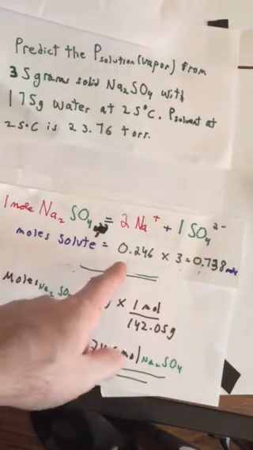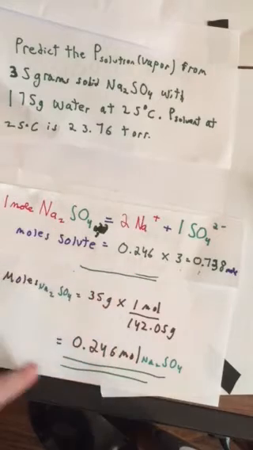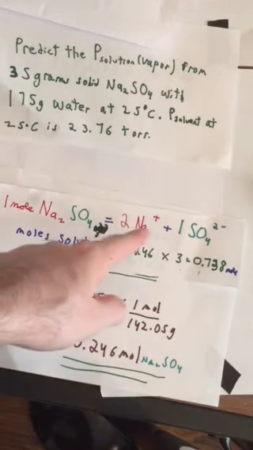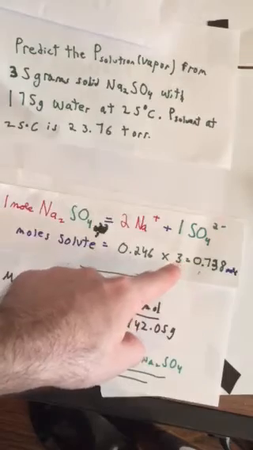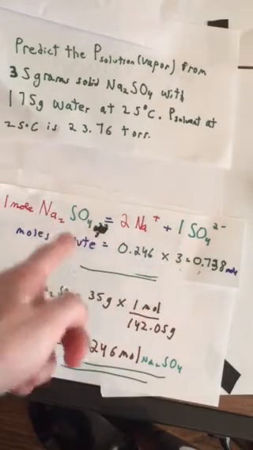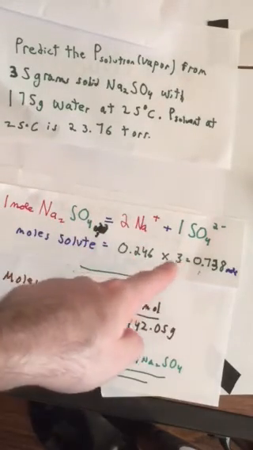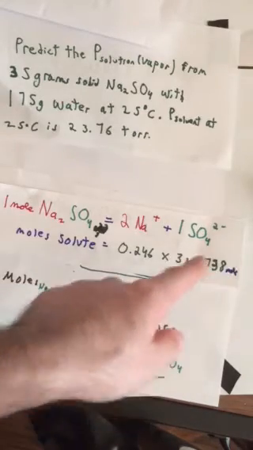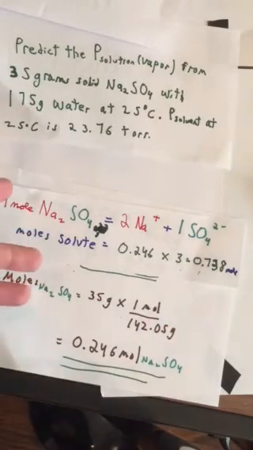All right, let's keep going. So this is what we found, 0.246, but you have 3 ions, 1 and 2. So you multiply it by 3 because each one is taking up that many moles. So now you have 0.738 moles. That's the total moles of the solute.